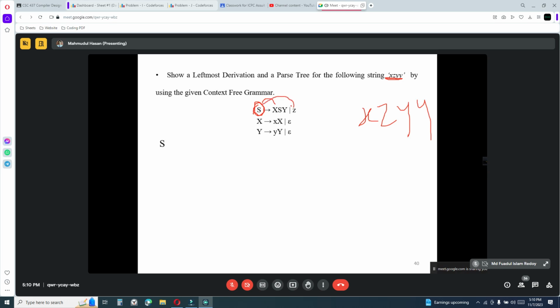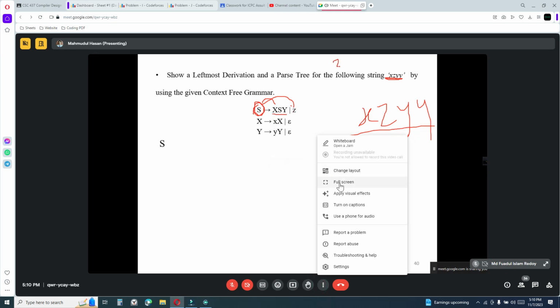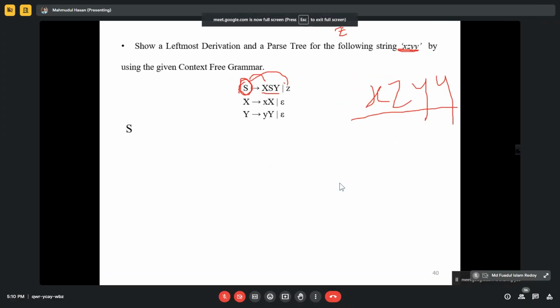Which one do you choose? S to x S y. If you choose the other one, lowercase z, that is final, you cannot replace it, and you cannot get this input. So you need to choose S to x S y.